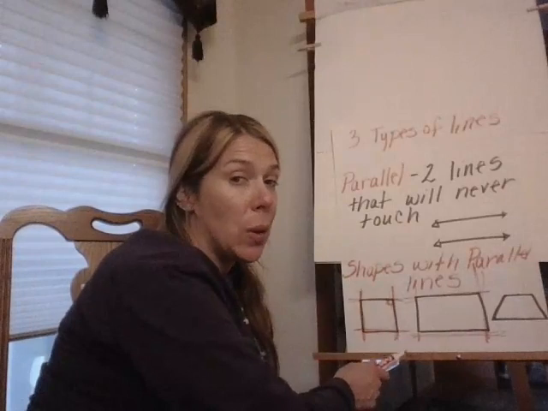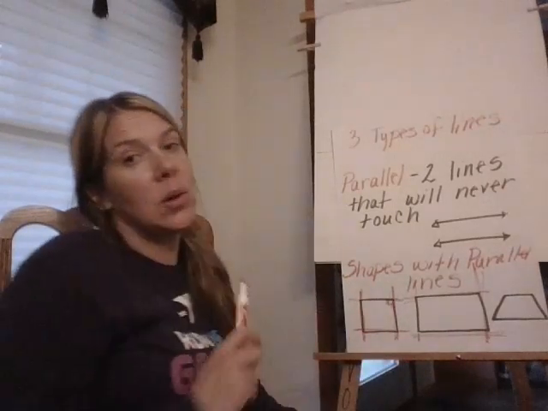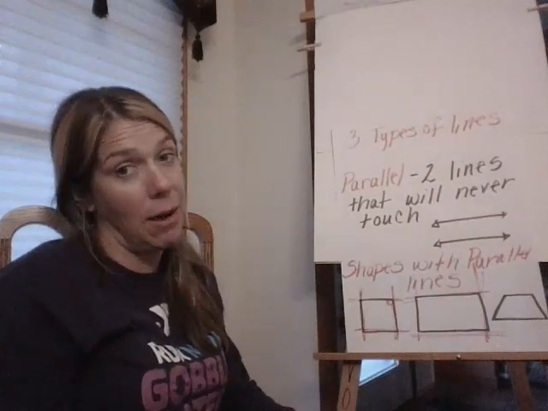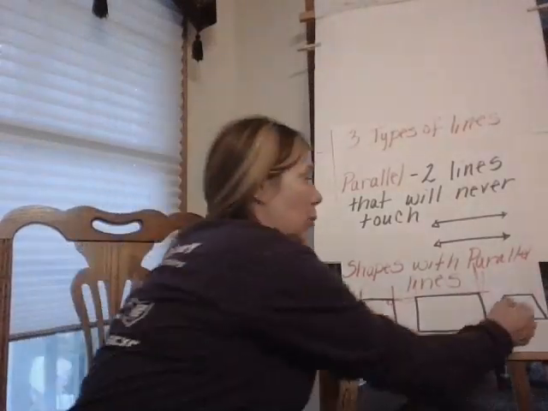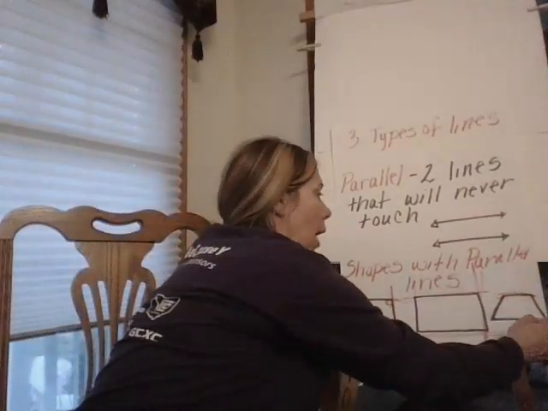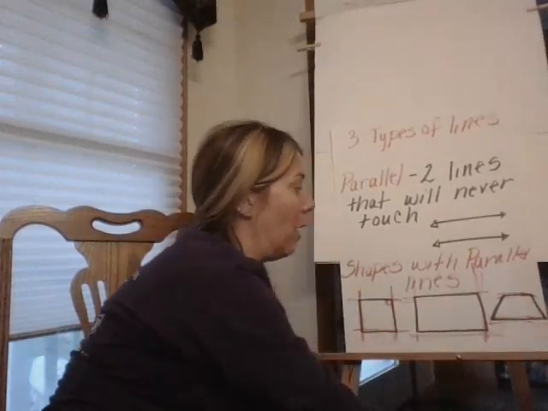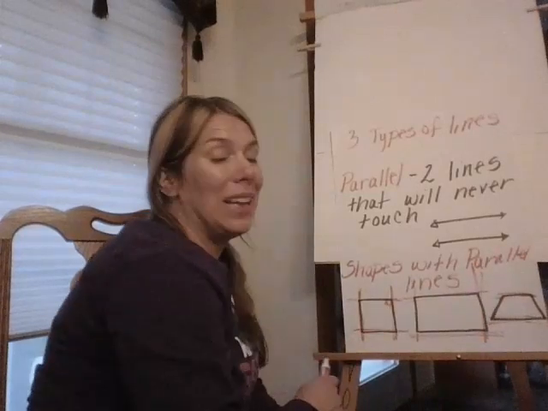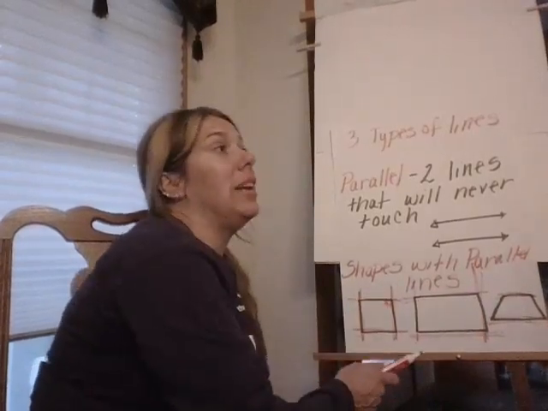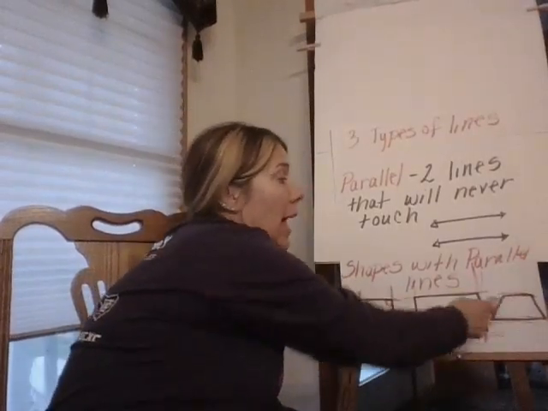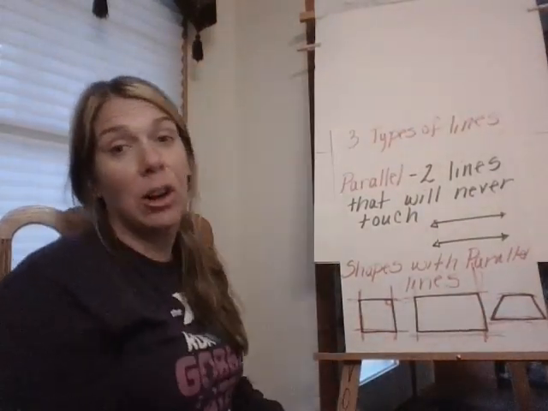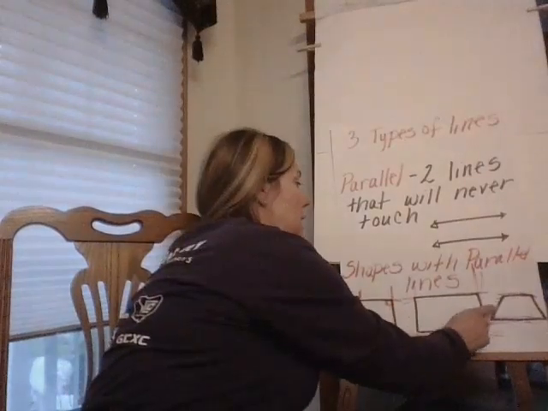Now, my trapezoid is a little bit different. A trapezoid only has one set of parallel lines, and that is right here, the top and the bottom. These lines might look like they won't touch each other, but they will eventually. Like a volcano, yes. They're not touching each other right now, but just like Vinny said, like a volcano, eventually they're going to collide at the top here.